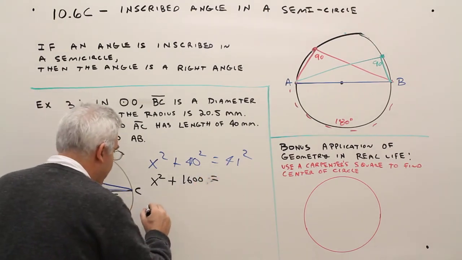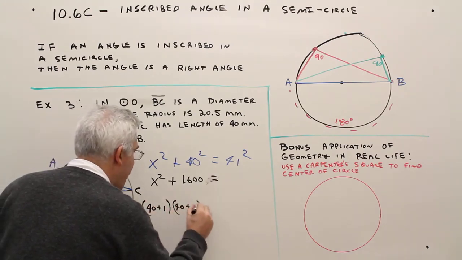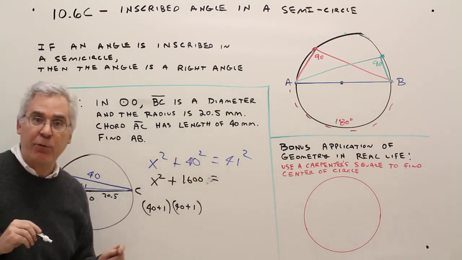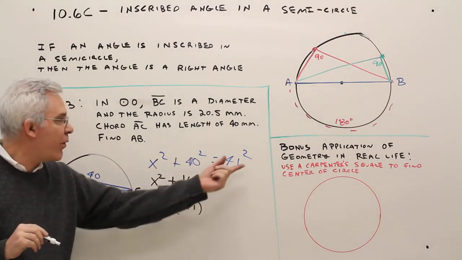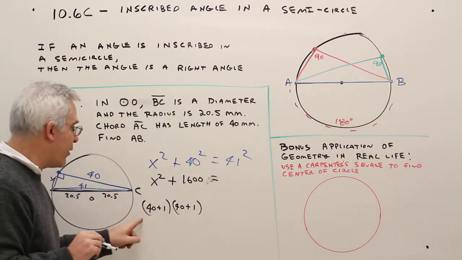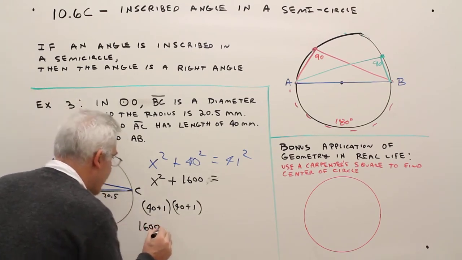I could really make that be 40 plus 1 times 40 plus 1. Hopefully we're okay that 40 plus 1 is in fact 41, and 41 times 41 is 41 squared. Well, I could just simply FOIL this out. First times first, I know what that is, 1600.